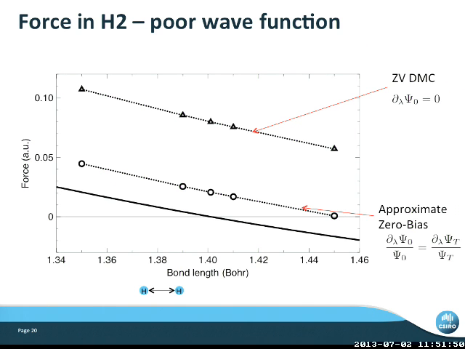The top section are the forces you get using the Asaraf and Caffarel renormalized force estimator, but in the DMC mixed limit. And then you add the approximate zero bias correction, and you get this. It's much better, but it's still very bad, because the trial wave function in this case is literally a 1s orbital on each nucleus, nothing more. Okay?